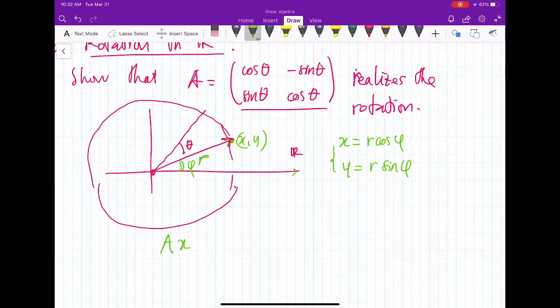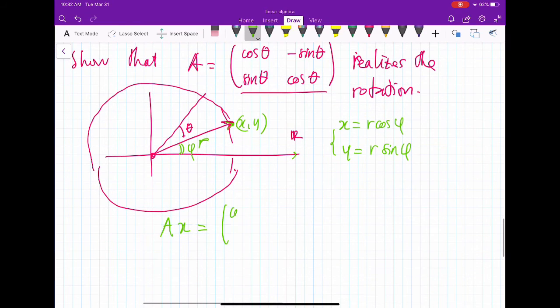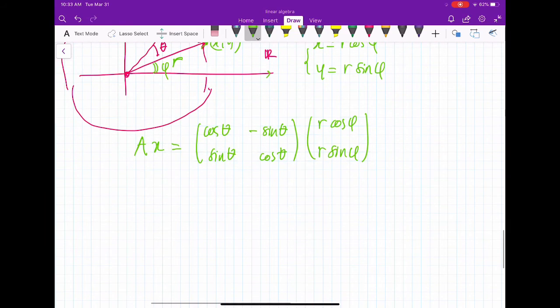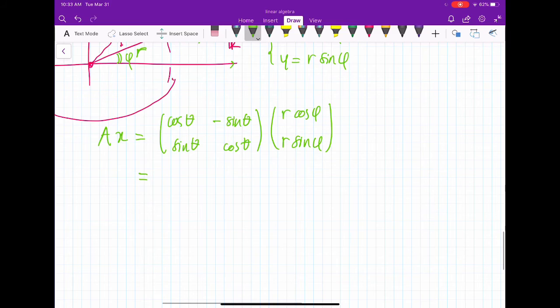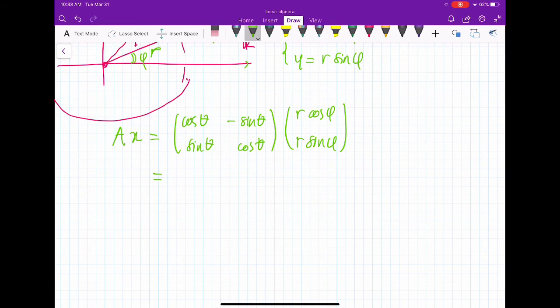So you have A times (x, y) equal to the matrix with cosine theta, minus sine theta, sine theta, cosine theta, applied to (r cosine phi, r sine phi). Let's multiply them. Since r is just a number, we can take r out. Inside you have cosine theta cosine phi minus sine theta sine phi.